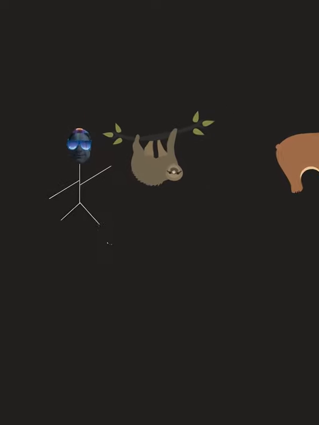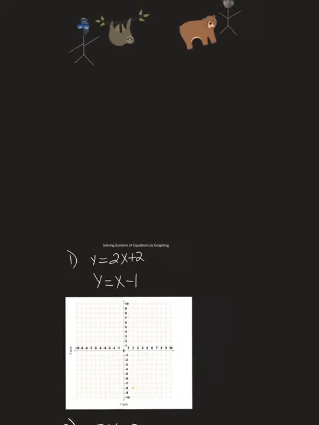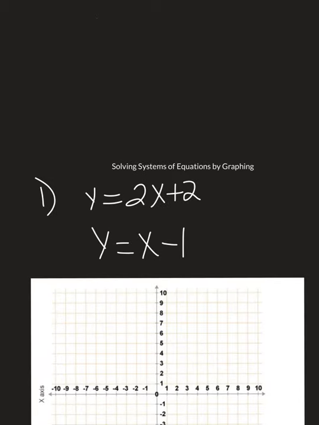With that said, we're going to get into the math. Here we go. So, solving systems of equations by graphing. Before we do this, we need to figure out what is a system of equations? Well, you're given two equations, and what you do when you solve for them is you figure out for which value of x and for which value of y will make both of these equations be true.